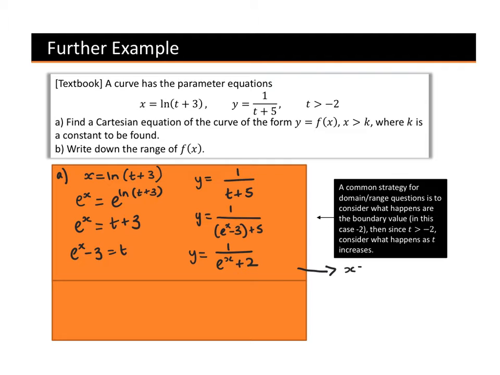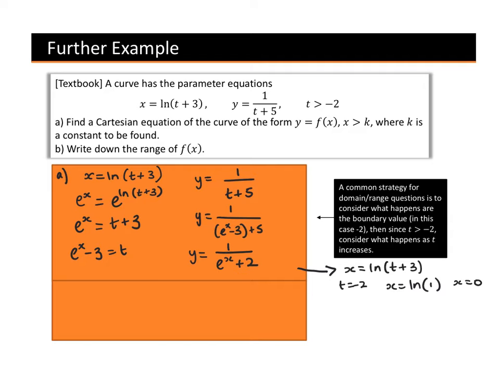So I know when x equals ln of t plus 3. Let's see what happens when we actually substitute in t equals -2. Now I know that t needs to be greater than -2, but let's see what happens. I'm going to get x equals ln of -2 plus 3, which is 1. We know that ln of 1 is in fact 0.